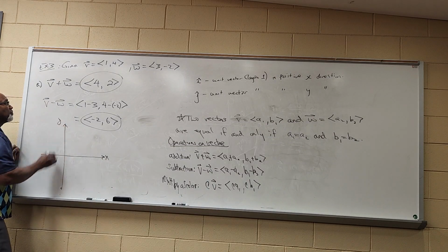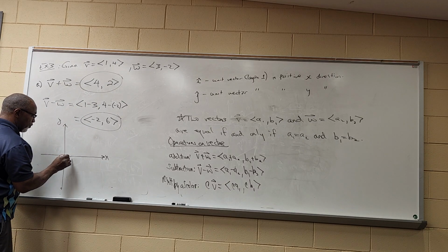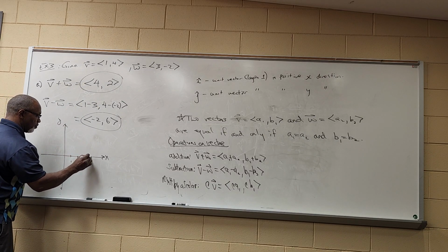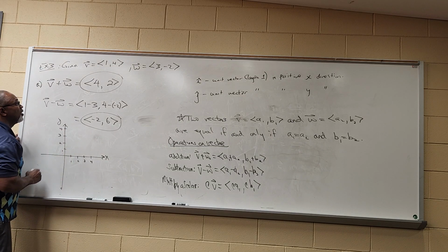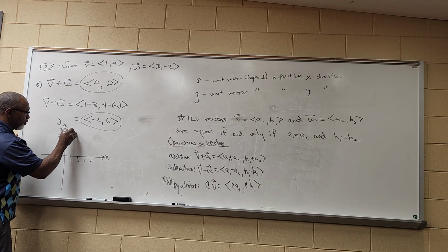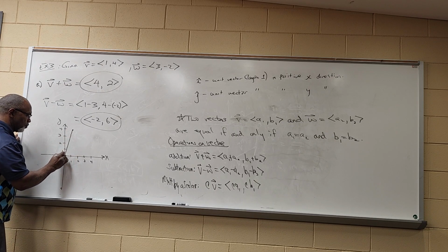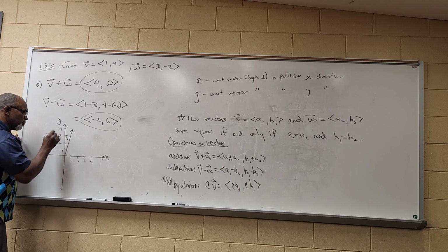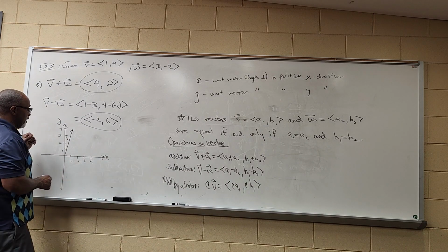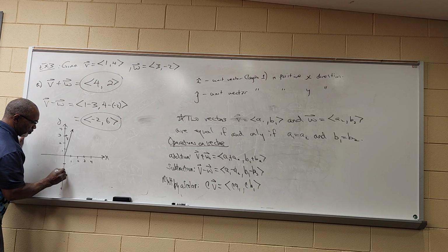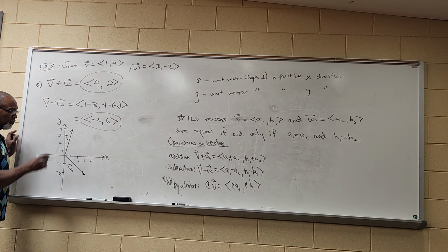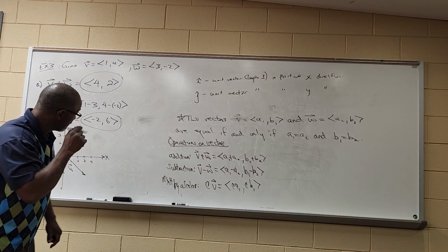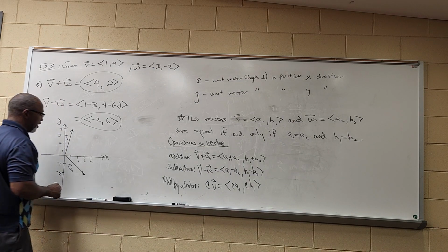So X, Y. Vector V was 1, 4. So 1, 4. There's vector V. Vector W is 3, negative 2. There's vector W. Okay? Well, again, we talked about subtraction already.